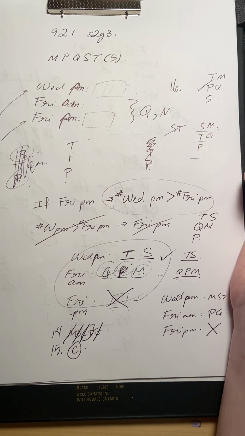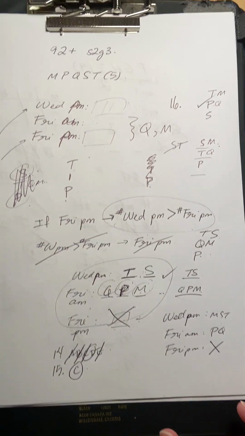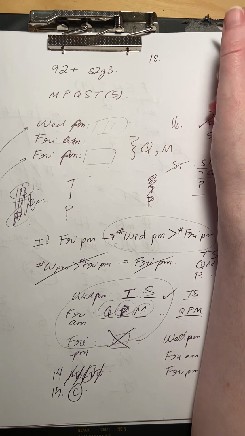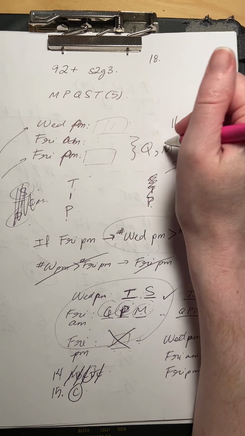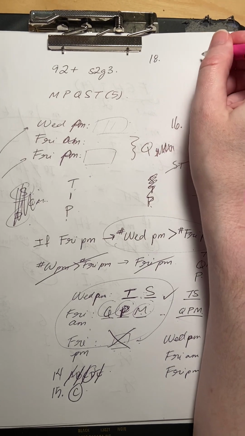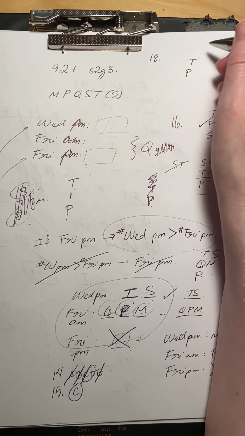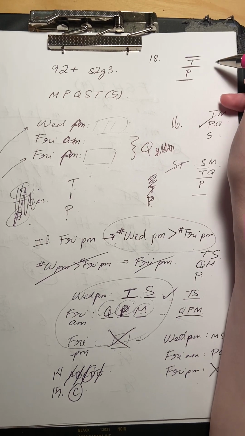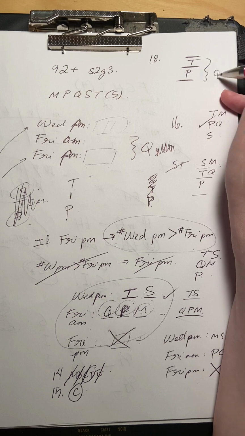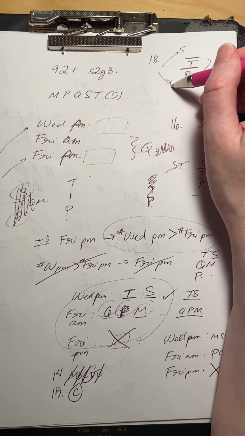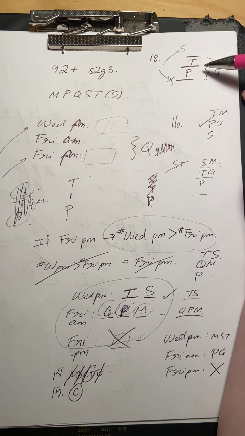Moving to 18. Okay. If T is scheduled for a Friday session, okay, so that was just for that specific one. If T is scheduled for Friday, well then it's Wednesday, Friday morning, Friday afternoon. Q has to be one of these. S is one of these. 1, 2, 3.